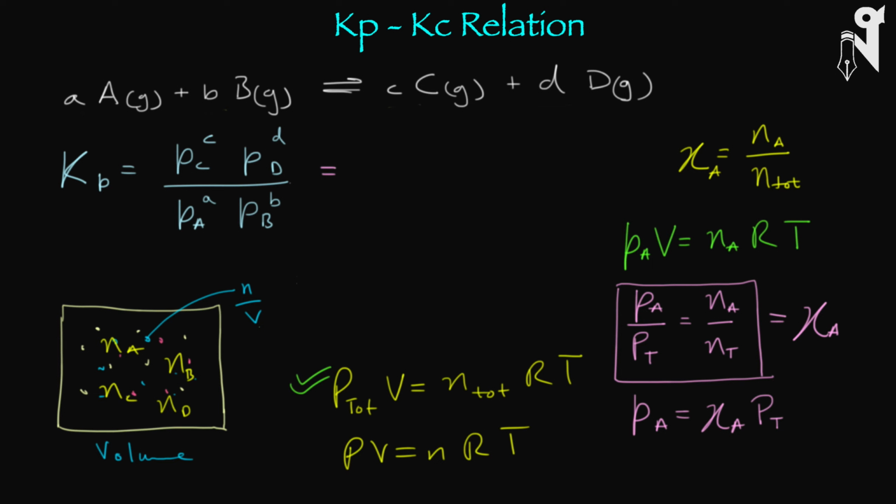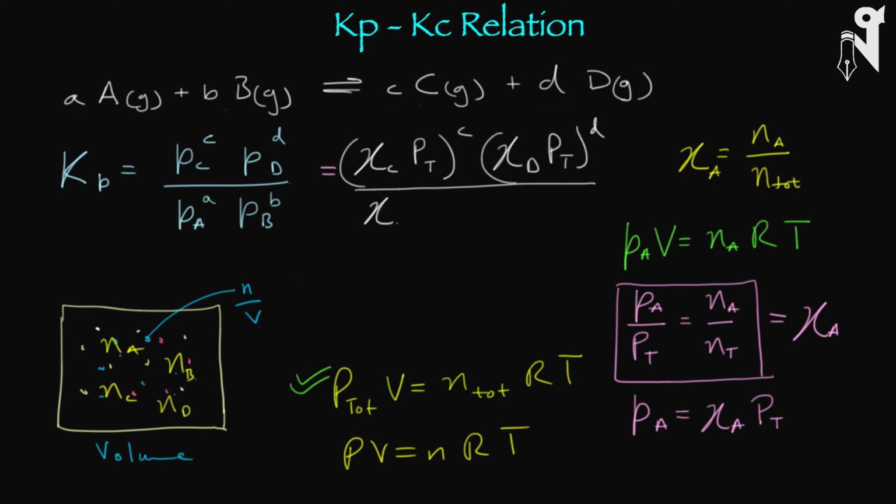We get mole fraction of C times total pressure instead of partial pressure of C, whole power C, and in the same sense mole fraction of D times total pressure whole power D, mole fraction of A times total pressure whole power A, mole fraction of B times total pressure whole power B.